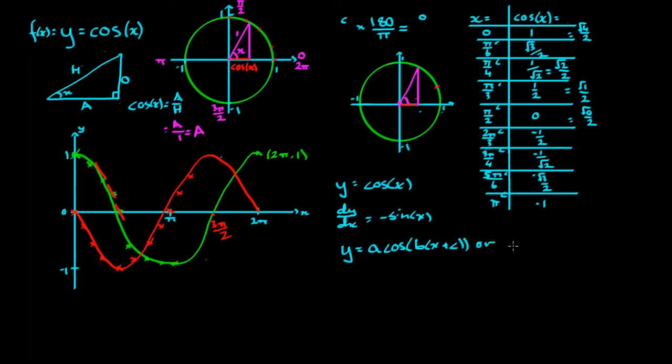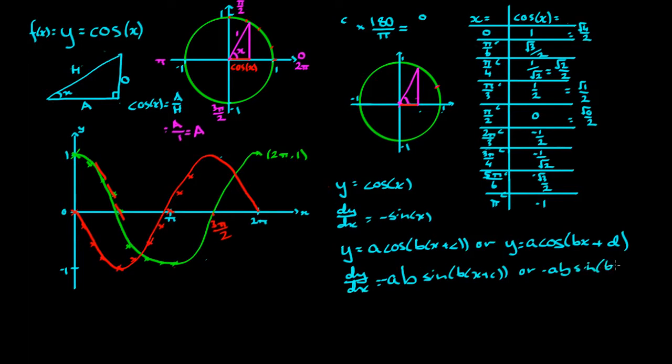Or, I'm going to include this one because it pops up, y is equal to a cos bx plus d, and the derivative for both of these is dy dx equals negative ab sine, in this case it's bx plus c, or in that case over there it's negative ab sine bx plus d.